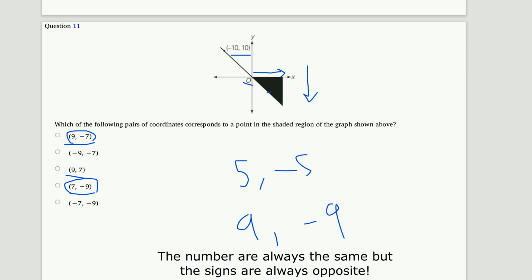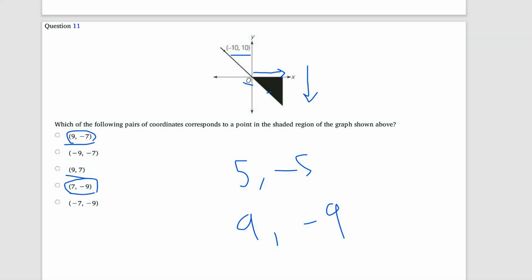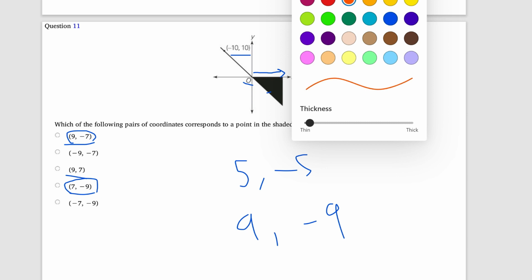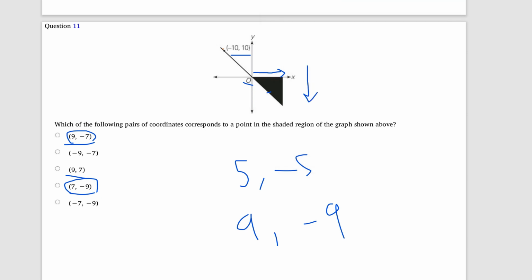But there's one more thing I want you to notice. The shaded part of the graph is above the line. The line, let me draw it in a different color. The line goes from top left down here, and the shaded part is above that line. And this is really important. Even my best students often get this wrong.